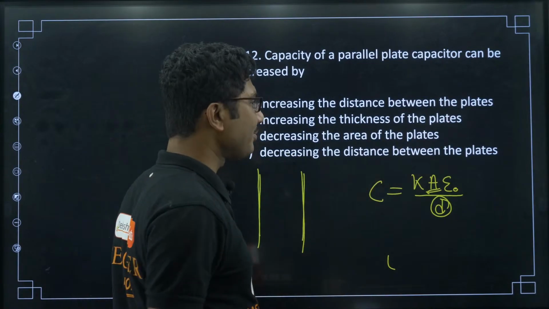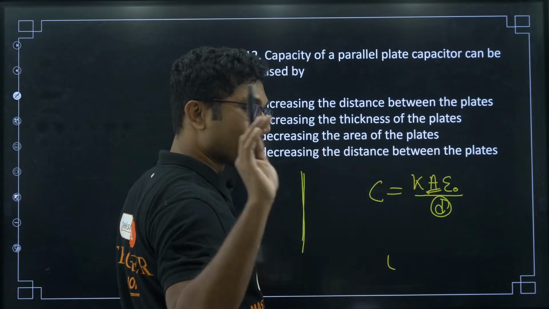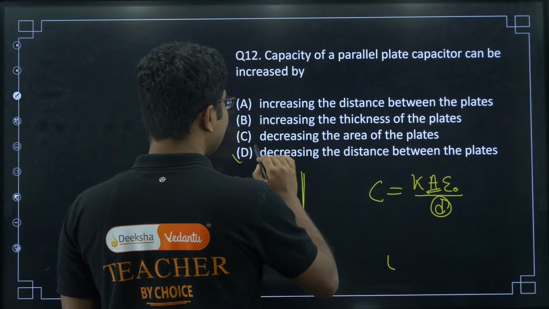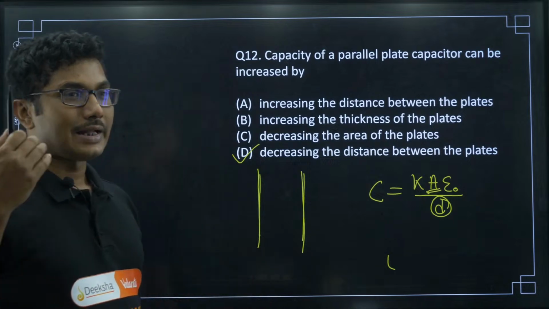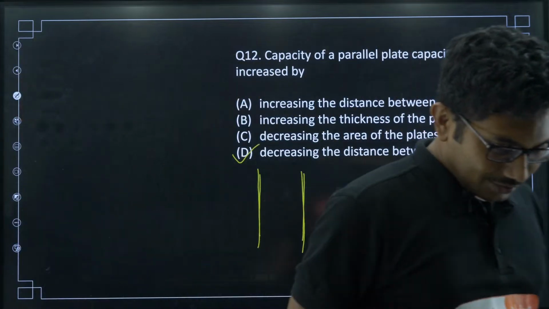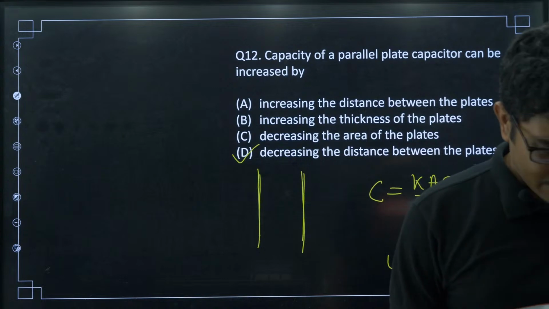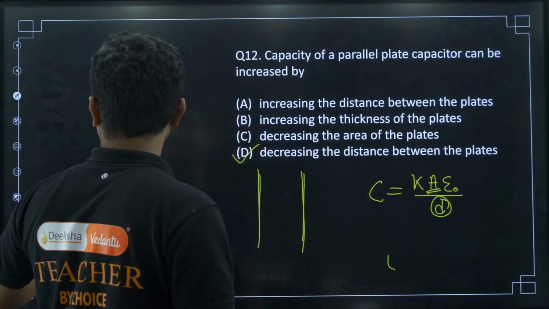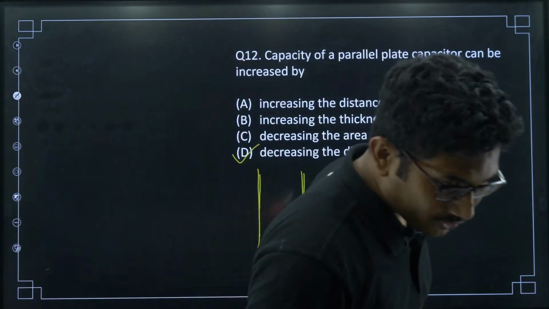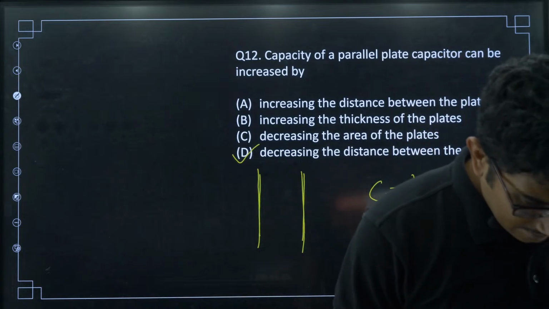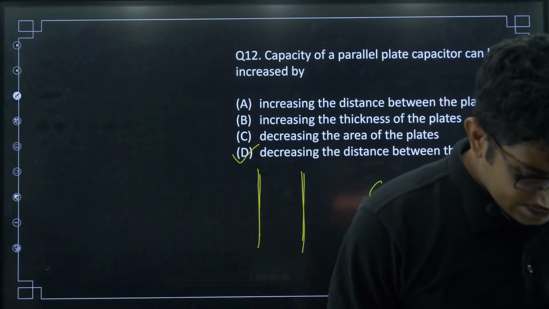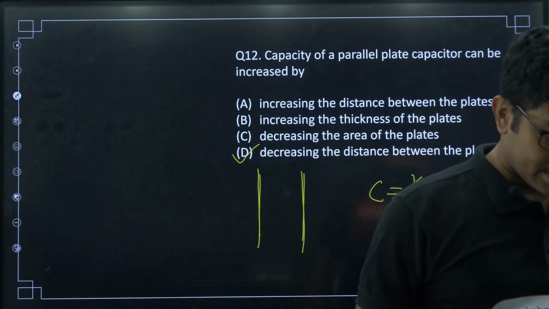The thickness of the plates is immaterial. The only thing is decreasing the distance between the plates, that is the correct answer. Shaukat Ali, your answer is also correct. Yes, decreasing the distance between the plates. Yes, Pratima.